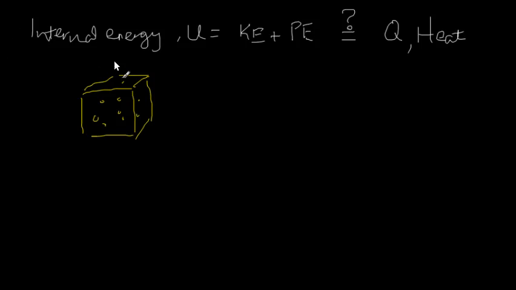But in physics, we make a distinction between internal energy and heat. So let me explain the difference. Let's say I have two bodies, maybe even the same identical body, and one is hotter than the other. Let me write down a temperature.